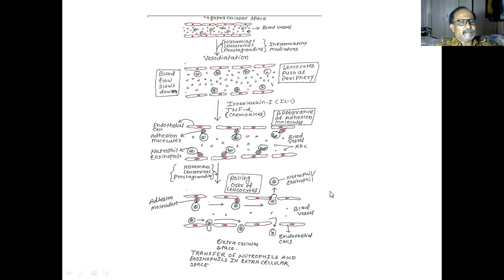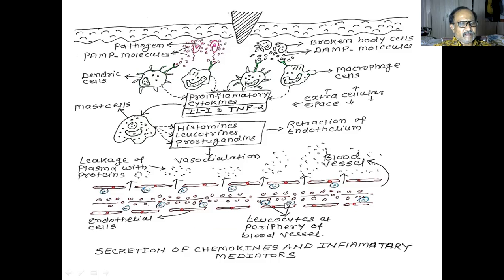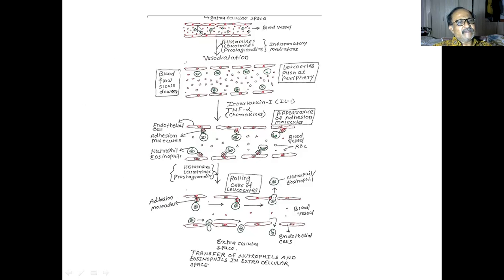See the next diagram. After that, what happens? See here, this is a normal blood vessel, then histamine, leukotriene, prostaglandins, the inflammatory mediators, cause vasodilation.